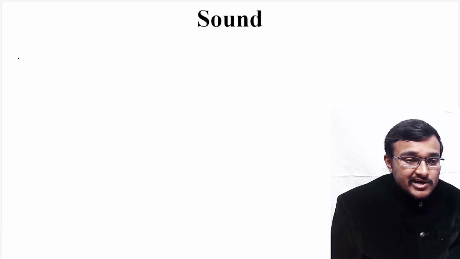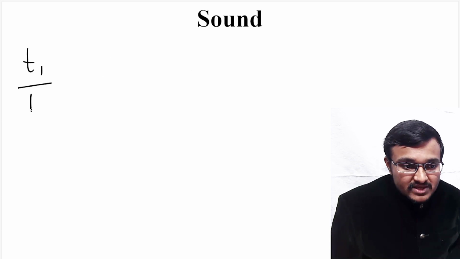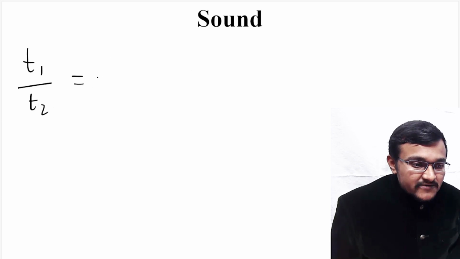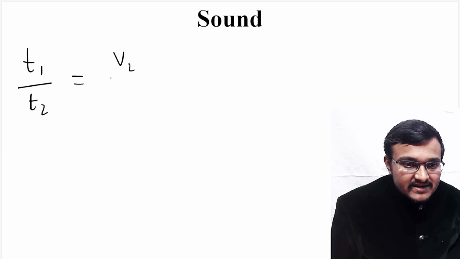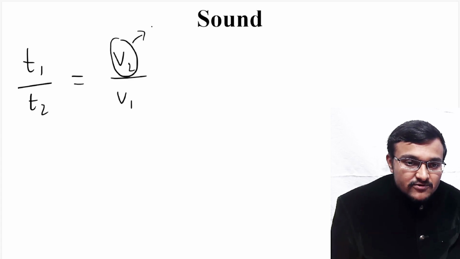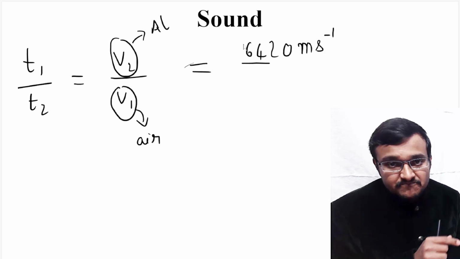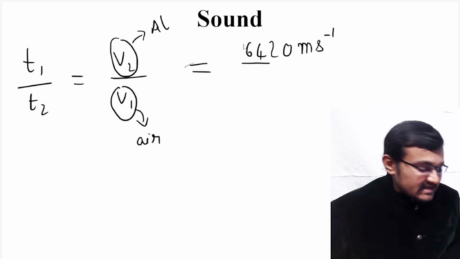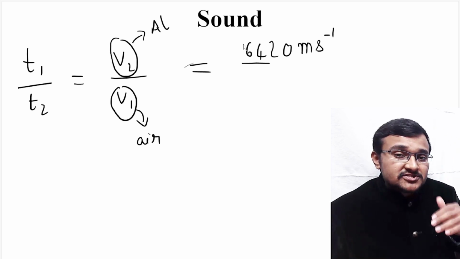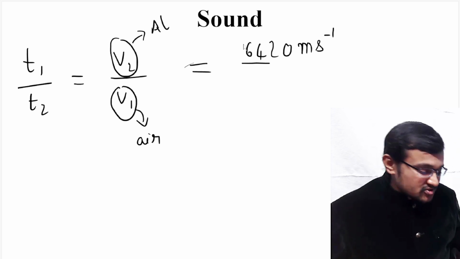Now, in order to calculate the ratio, you require the velocity of sound in aluminium and in air. V2 is the velocity of the sound wave in aluminium, and V1 is the velocity of sound in air. If you refer to your textbook, there is a table where they have given the velocity of sound wave in different solids and also in air.